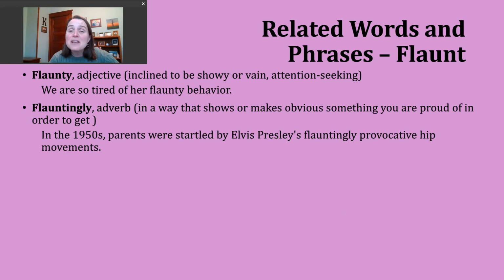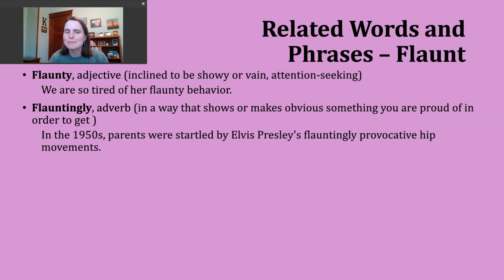Okay? Now, another word you might encounter is flauntingly. This is an adverb. You can tell that with the suffix, that ly there. And it means that someone is behaving in a way that shows or makes obvious that you are proud of something else.